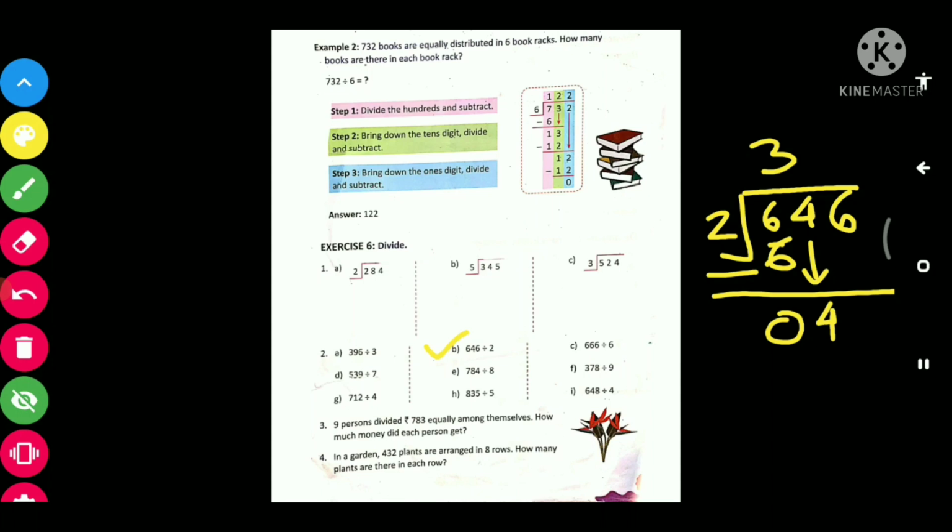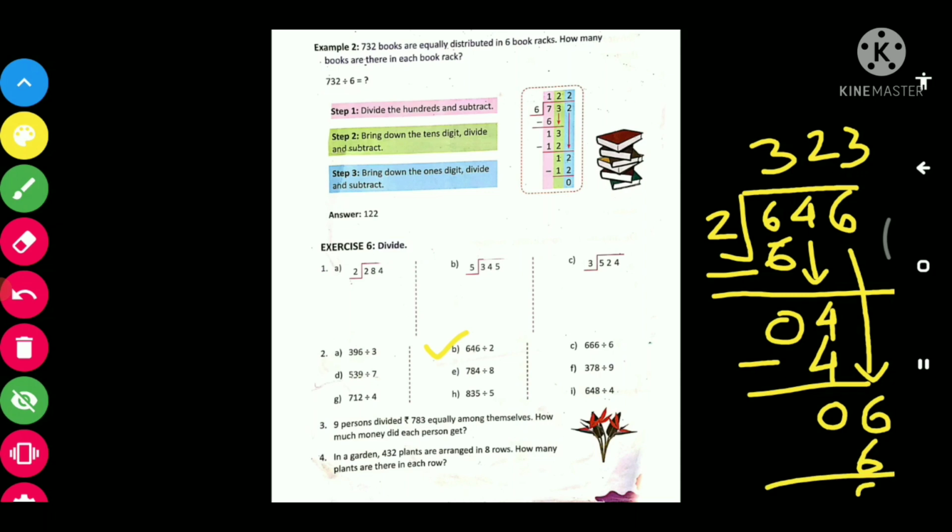Now 2 2s are 4. Again we'll subtract, and again we'll get 0. Now this 6 comes here, right? Now 2 3s are 6. Again we'll subtract and we'll get 0. So our quotient will be 323, and our remainder will be 0. Okay.